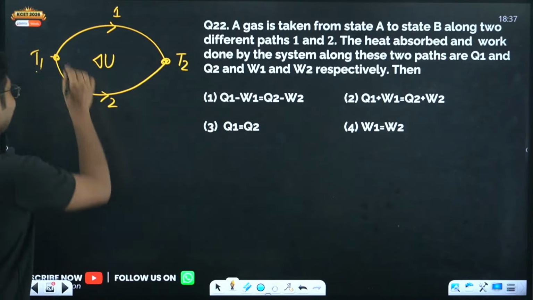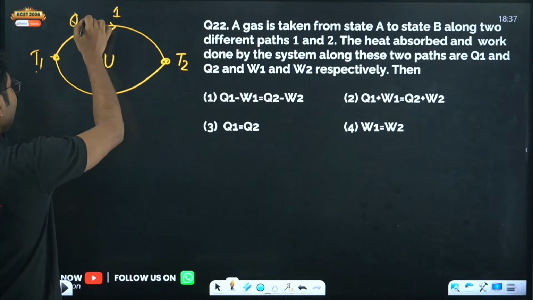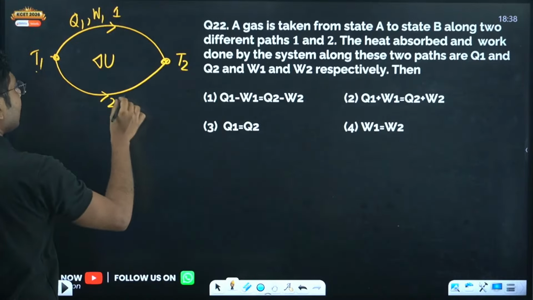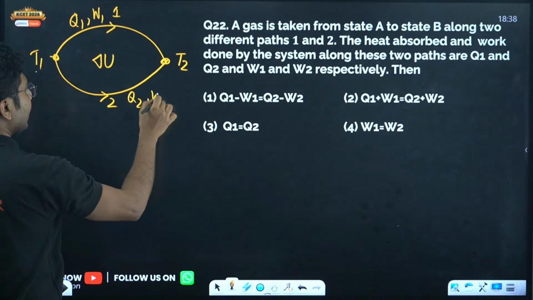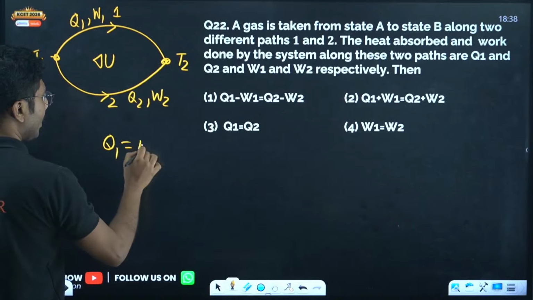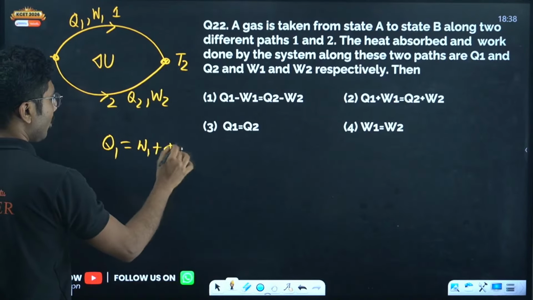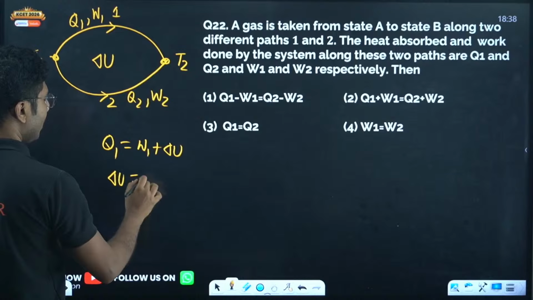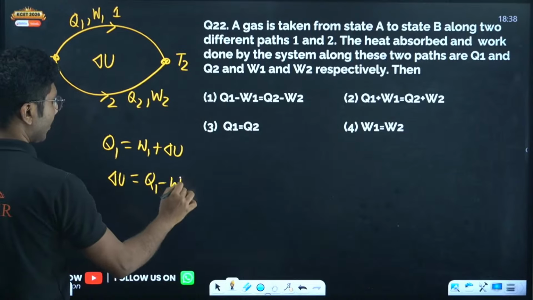So for path 1 the heat is Q1 and work done is W1, for path 2 the heat is Q2 and work done is W2. We know from the first law of thermodynamics that Q1 equals W1 plus delta U, or delta U equals Q1 minus W1.